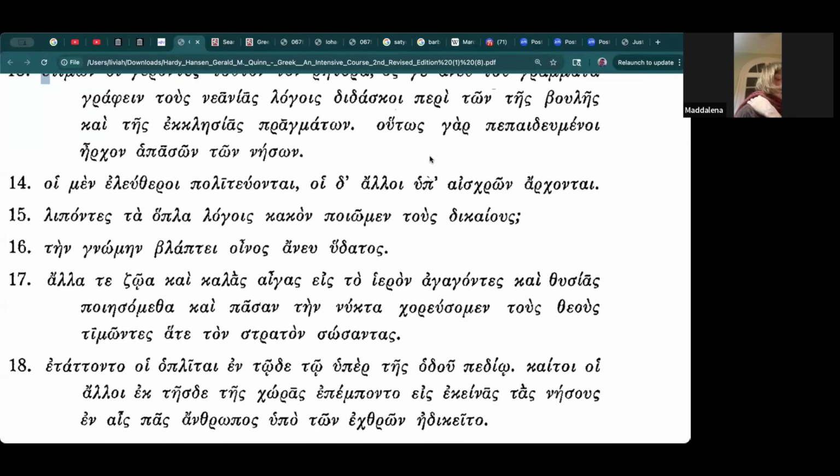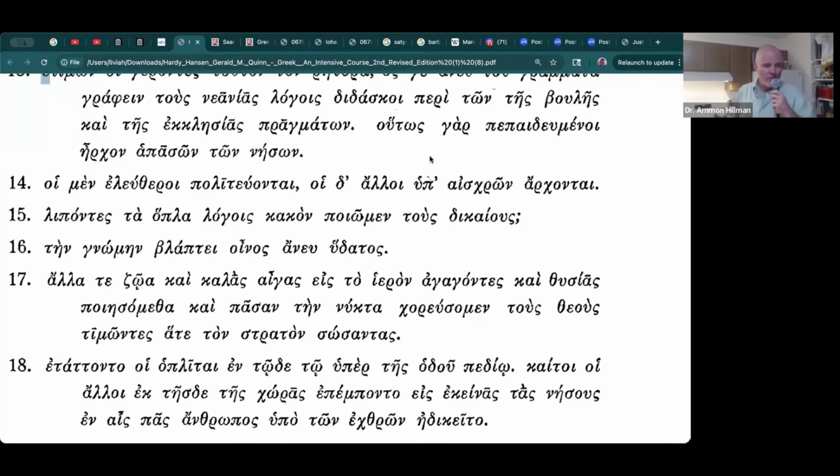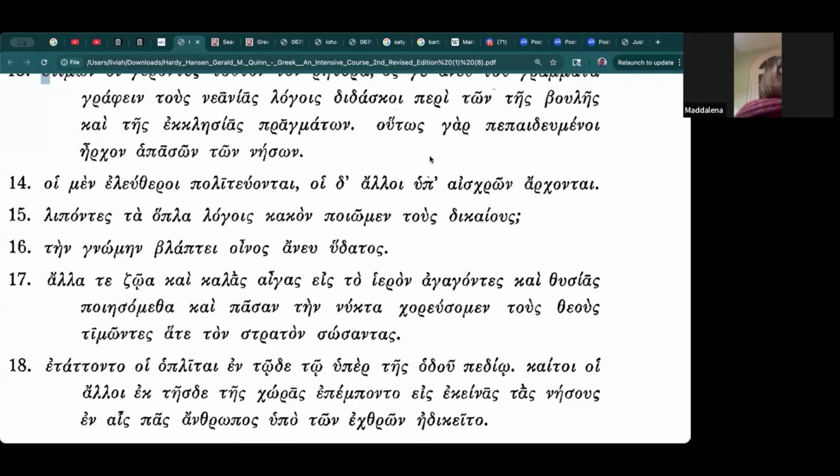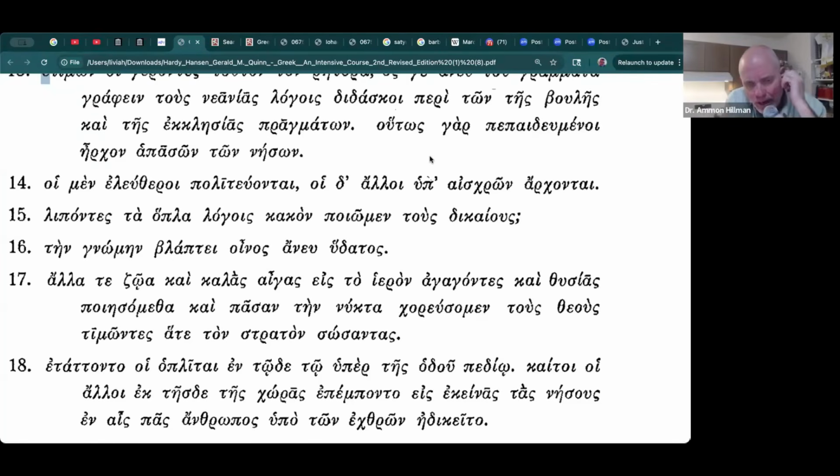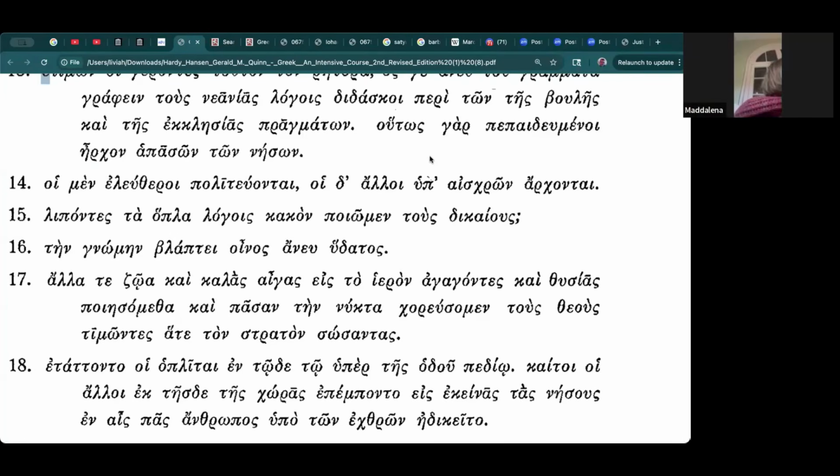In order that they are free, eleuteroi. That's free, but the verb, politeuontai. Politeuo. Think politics, polytheism. That gives you a cheat, but look up politeuo.